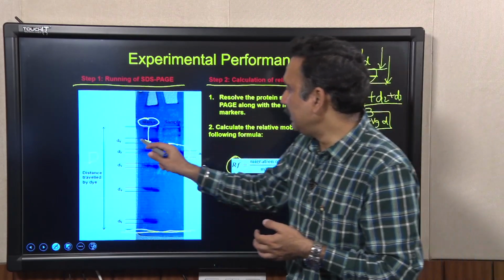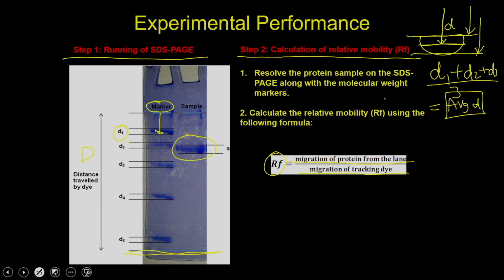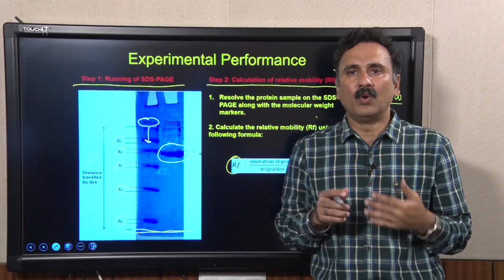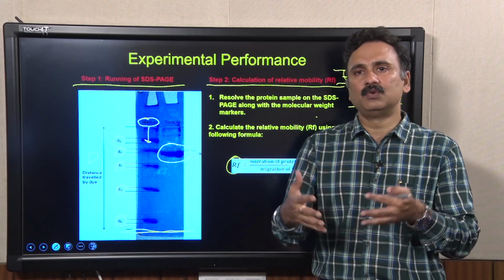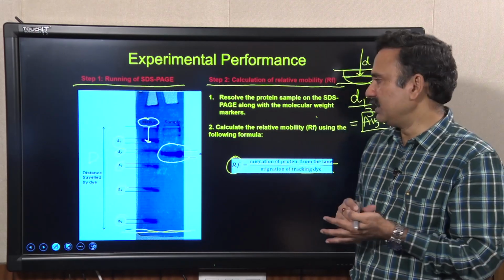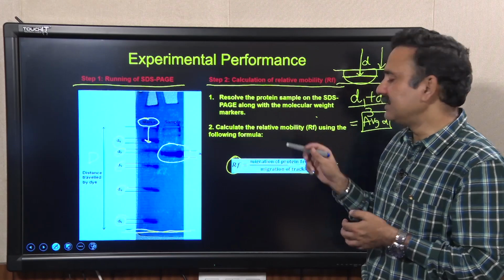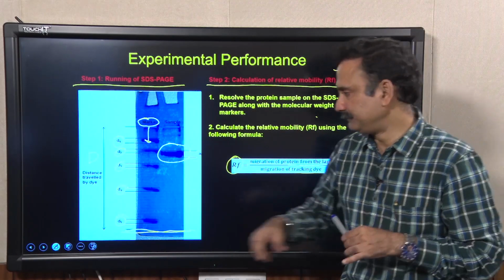So, once you have calculated the RF value for D1, D2, D3, D4 and D5, you get the RF values of the individual proteins, and then in step 3 you can draw a calibration curve between RF versus log molecular weight.